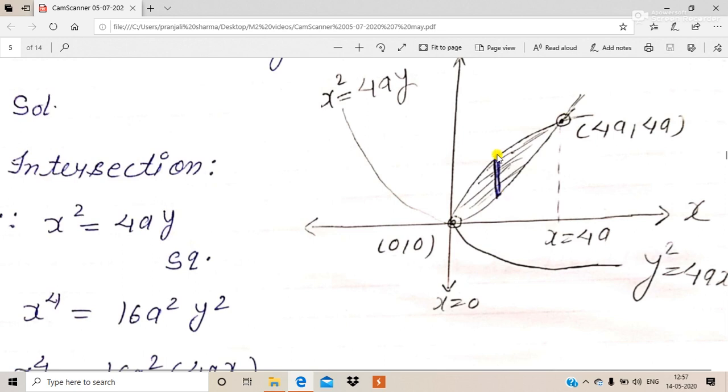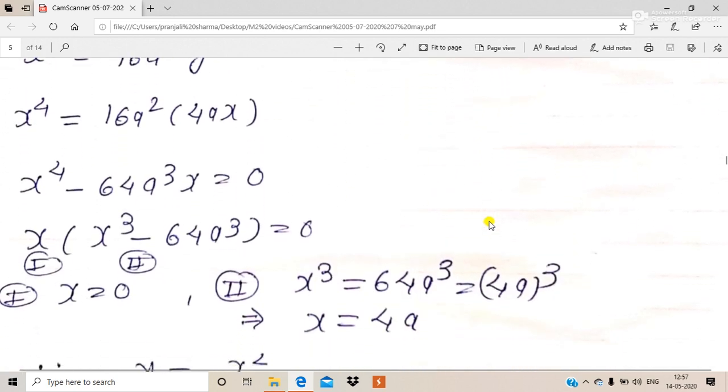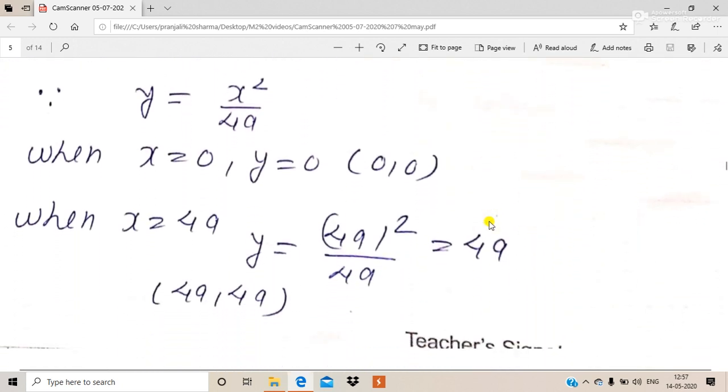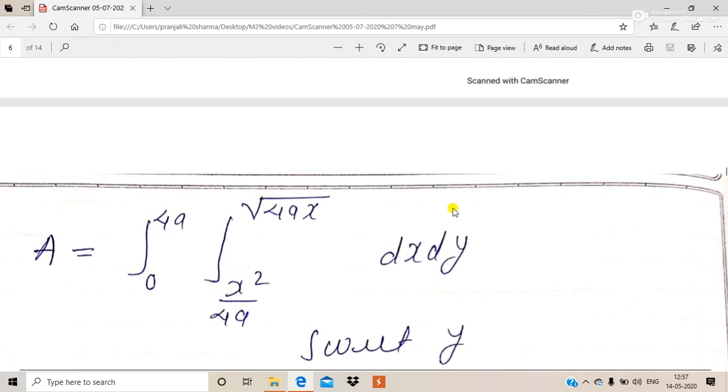So we have these four limits, and integration is quite easy. We just have to integrate one with respect to x and y. So we have the limits of x as 0 to 4a, and limits of y as x square by 4a to root over 4ax.